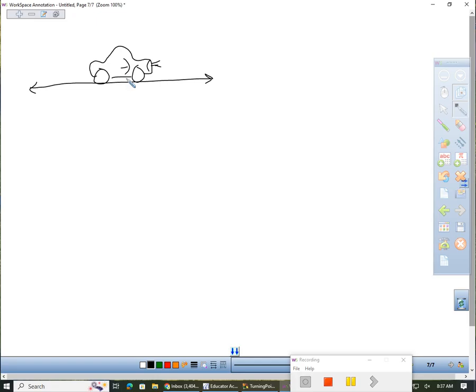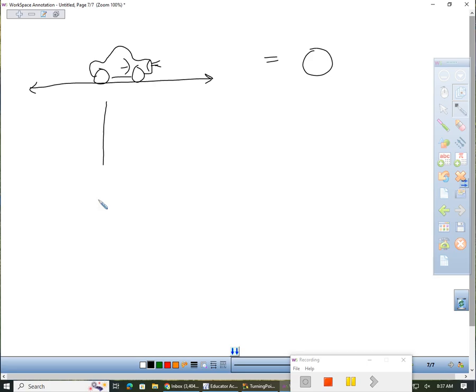I mean, if it's sitting on that line, is it going to move either way? No. So the speed or the rate of change of this is 0. So anytime you have a line that's horizontally, it's 0. Okay? That's your rate of change because it's not going to move. Whereas if I had a line that was going this way, my car would have to climb or speed up to get up the hill, right?